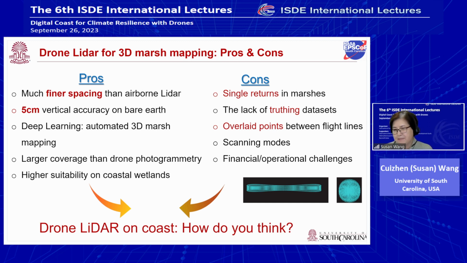We tested the linear scan against the spirograph scan, the right one, that's the circular scan. Apparently this circular scan, although slower and needing slower flight, does collect much better marsh details and vegetation structure details.